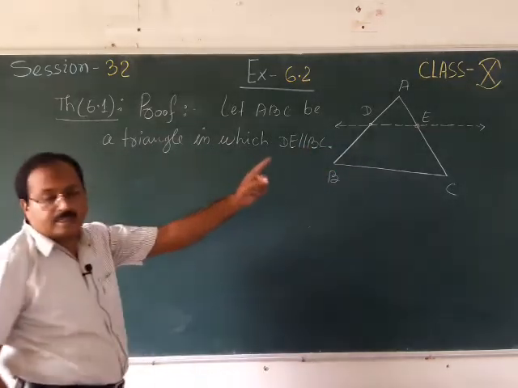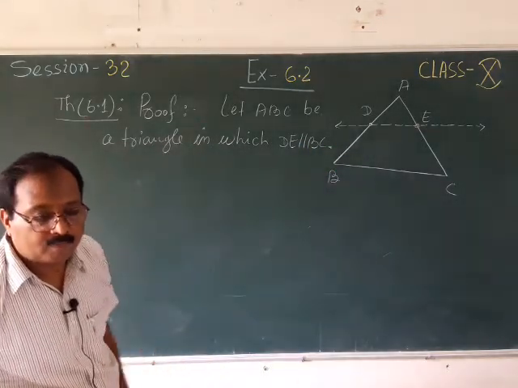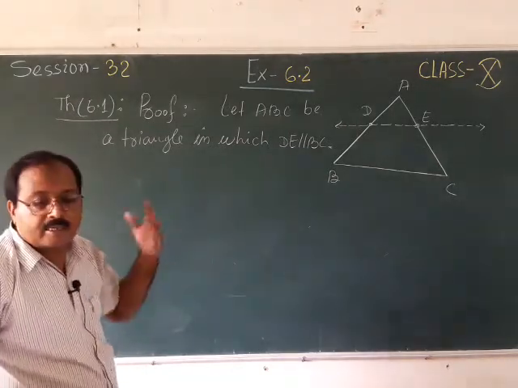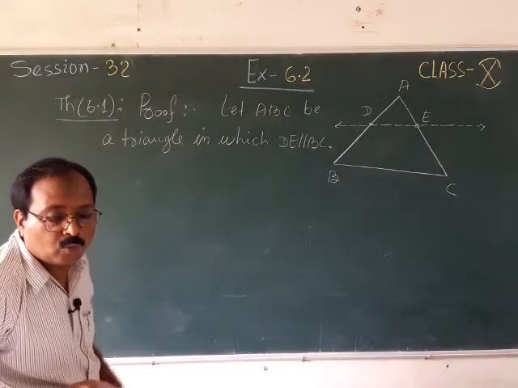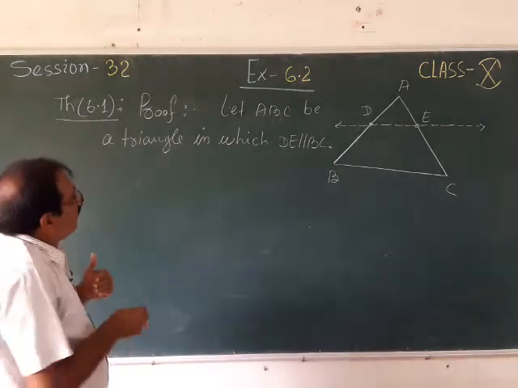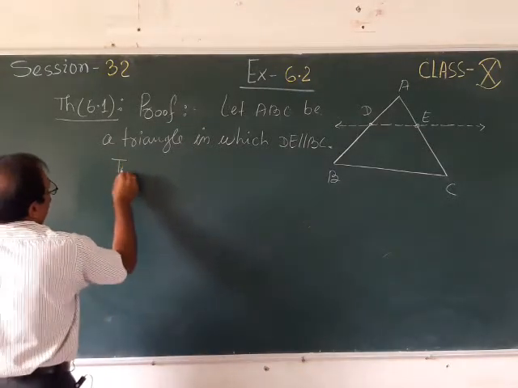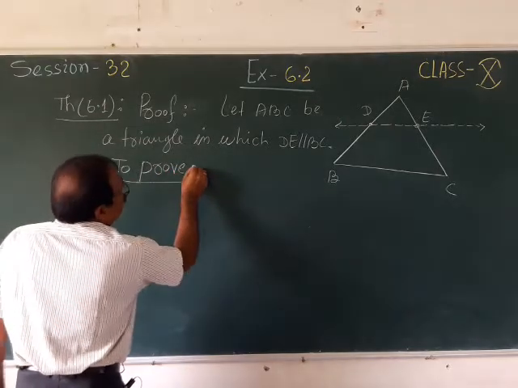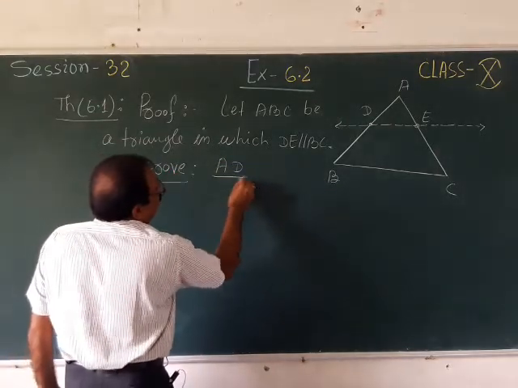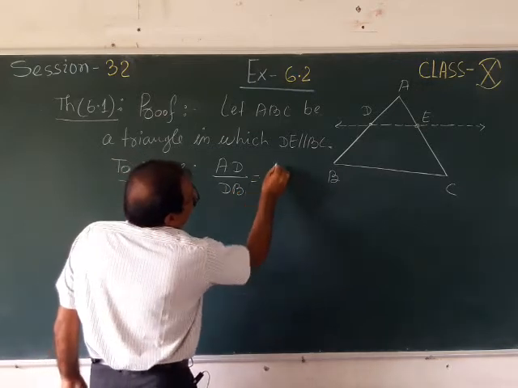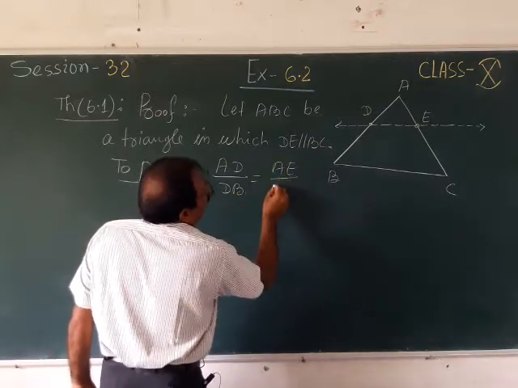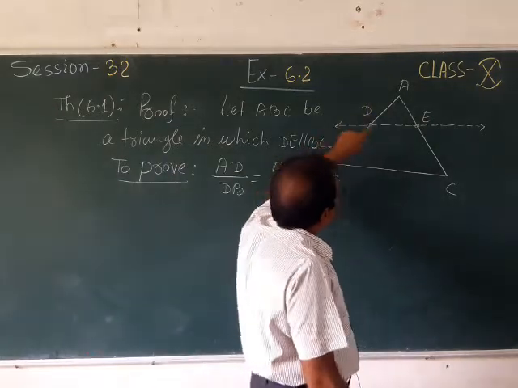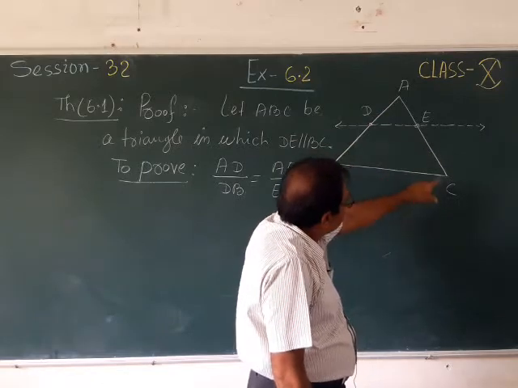We need to prove, what to prove? AD upon DB is equal to AE upon EC.